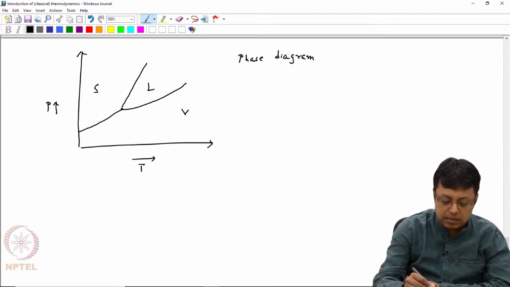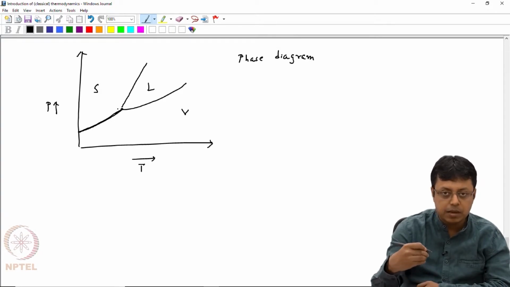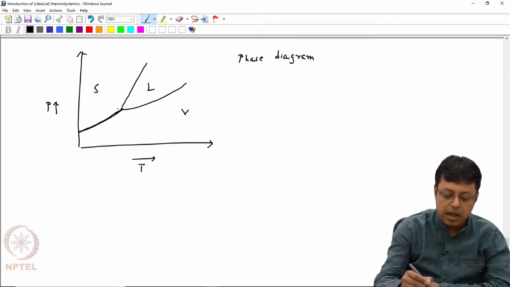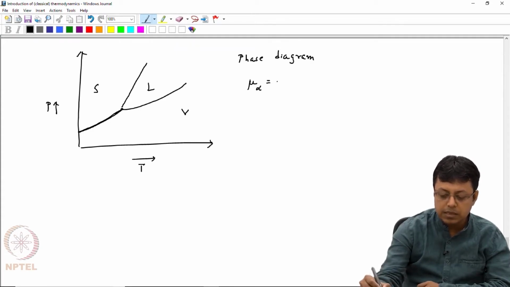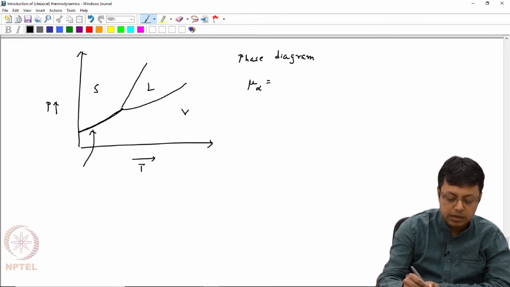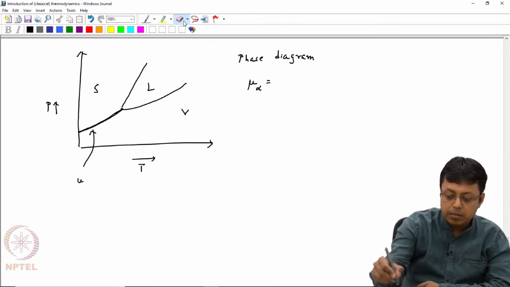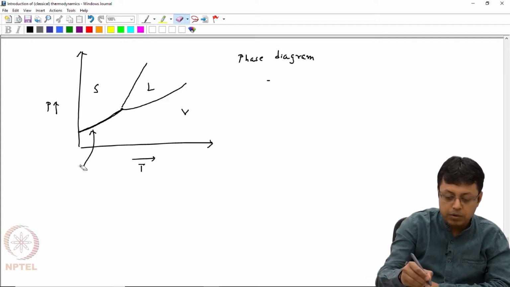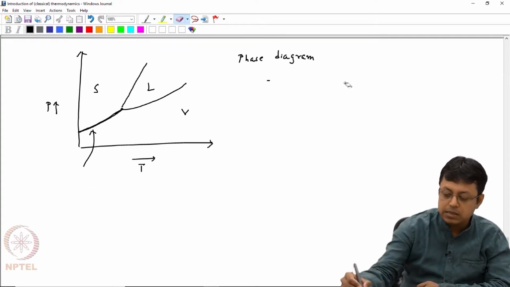And these lines represent the phase transitions, and on these lines the Gibbs free energy of the two phases are equal. So if I want to write down an equation for this line, it will be something like Gibbs free energy per unit mole, which we also call chemical potential.